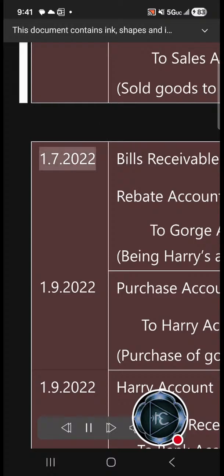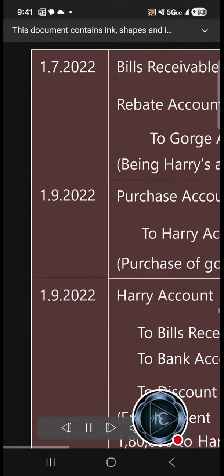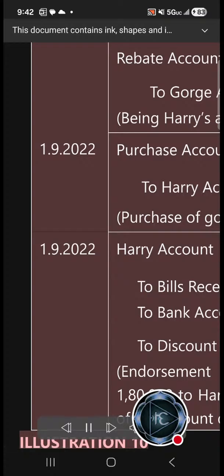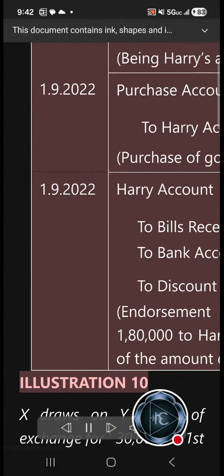Bills receivable account Dr. 180,000. Rebate account Dr. 1,000 To Gorge account. Being Harry's acceptance received from Gorge.